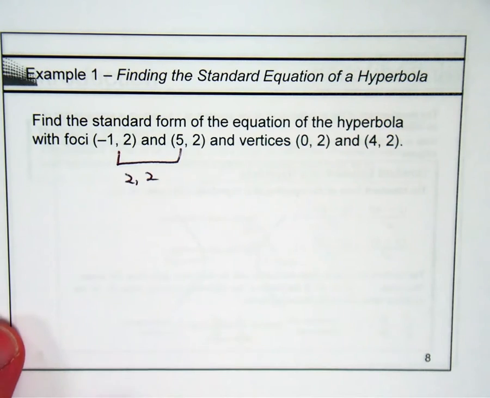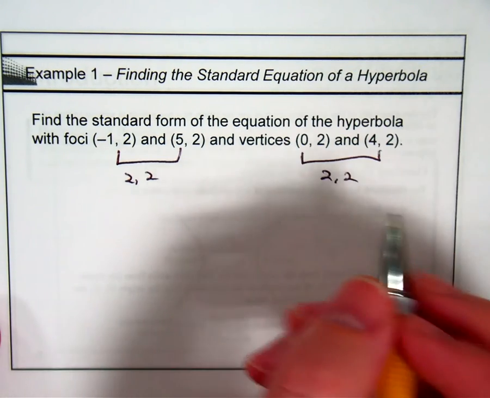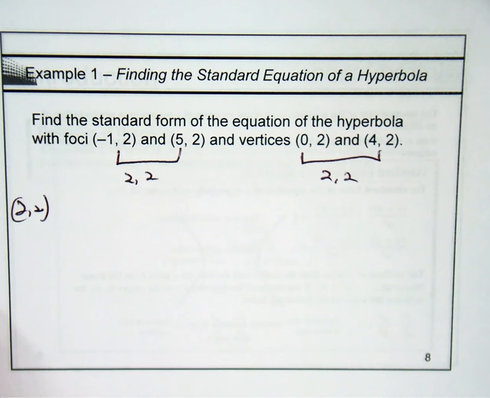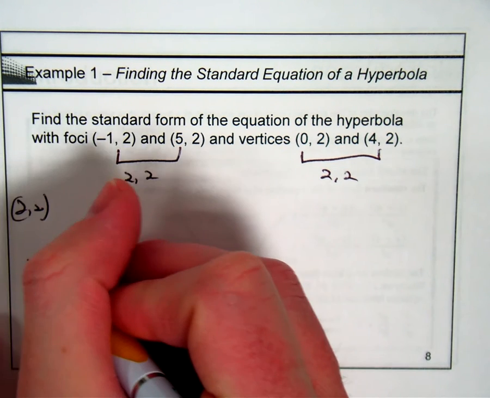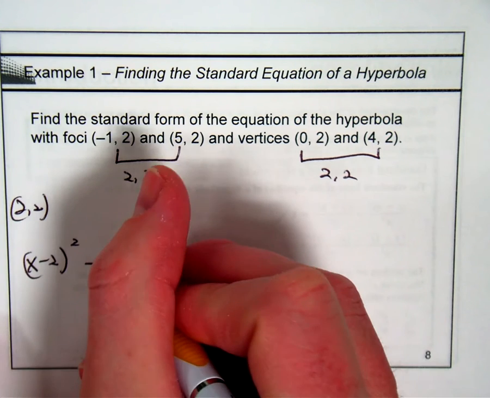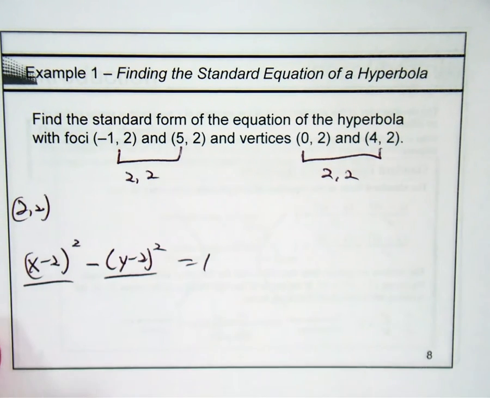Or if you look at the midpoint of the vertices, we should still be at (2, 2). So my center is (2, 2). So we'll have (x minus 2) squared minus (y minus 2) squared.